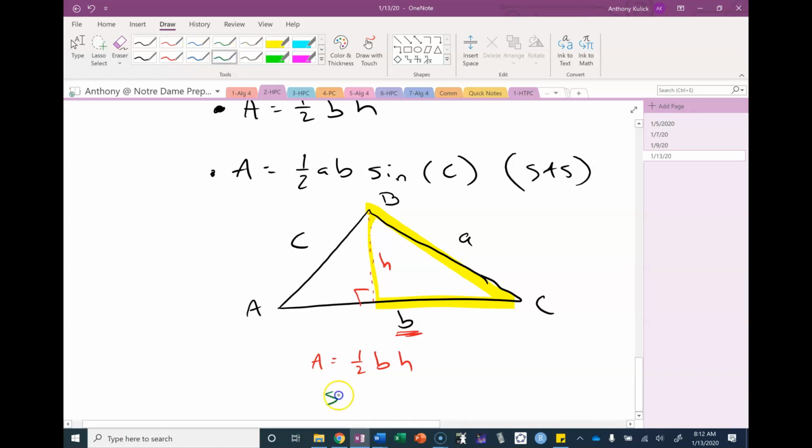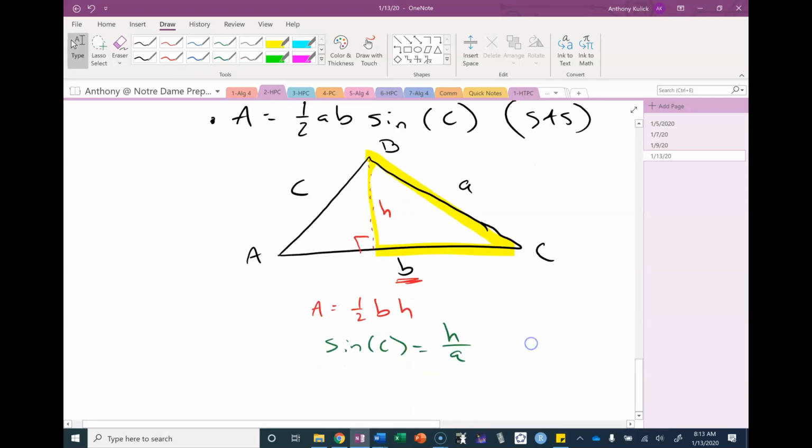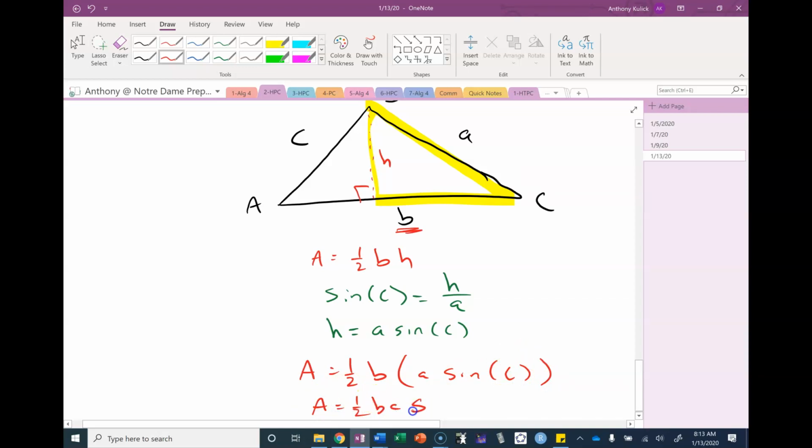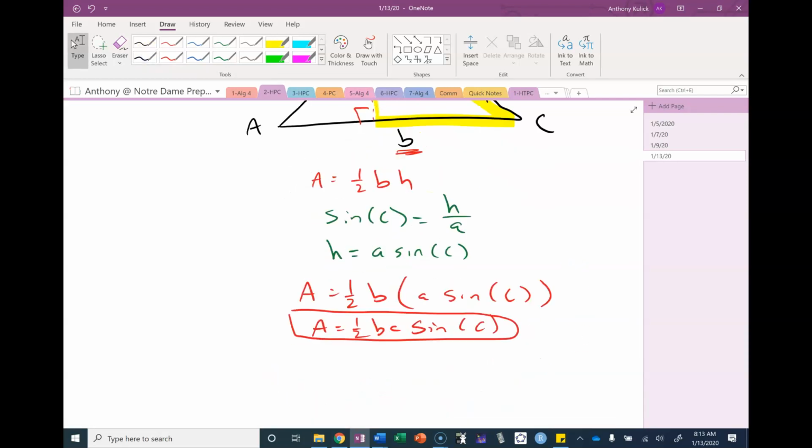Specifically, what I can say is that sine of C is equal to opposite over hypotenuse. And if I cross multiply, I get the height is A times sine C. So when I substitute that value for H into 1/2 base times height, we're left with 1/2 BC sine C. Is everybody okay with the idea that this is basically just still 1/2 base times height?